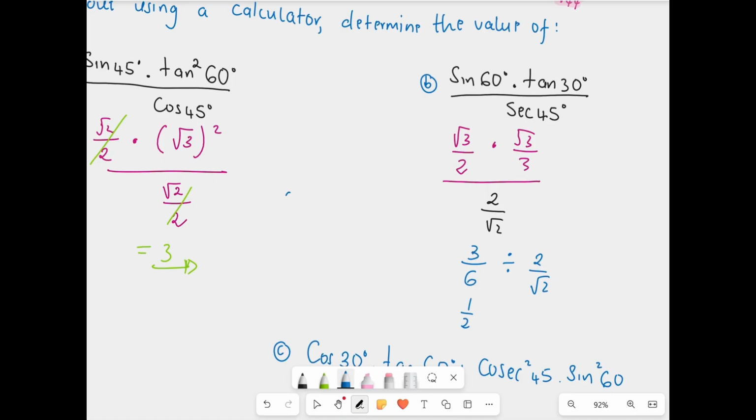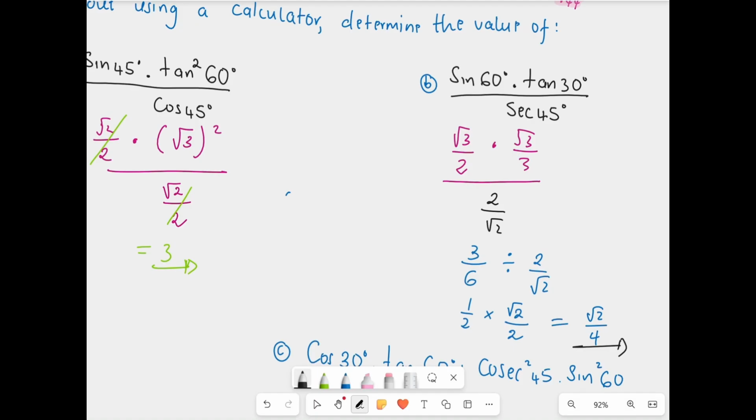And then we can change division to multiplication, times root 2 over 2. So the final answer here gives me root 2 over 4. So that means your answer here will be root 2 over 4, if I'm not mistaken.